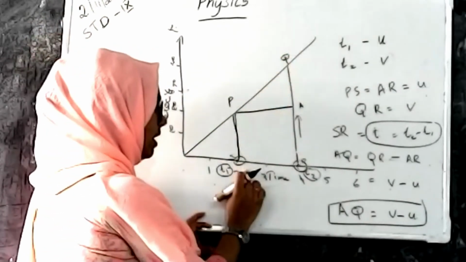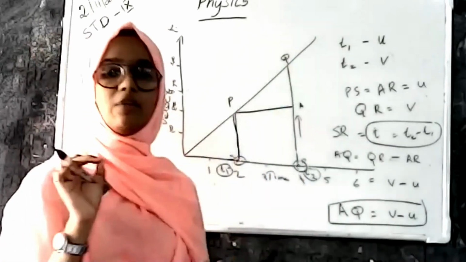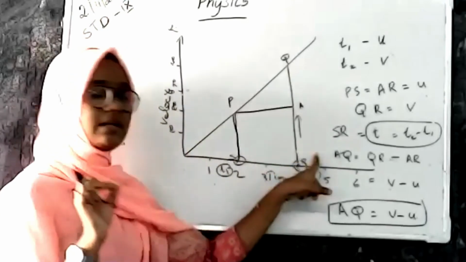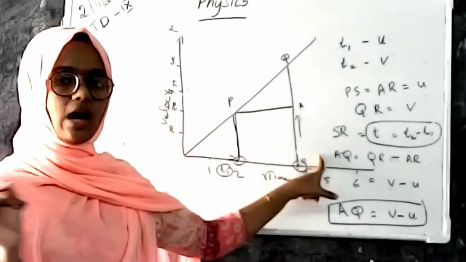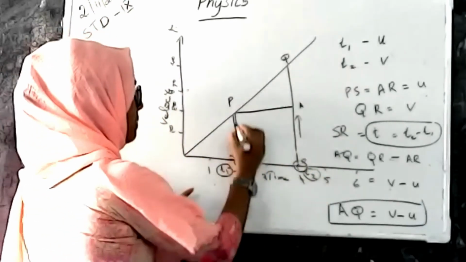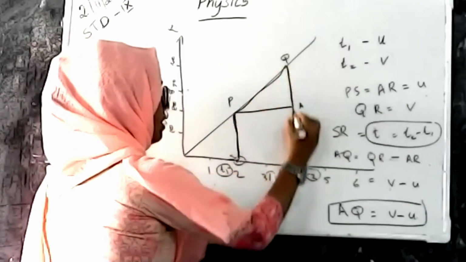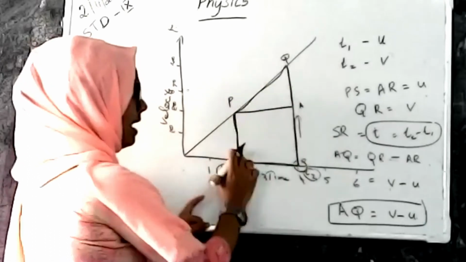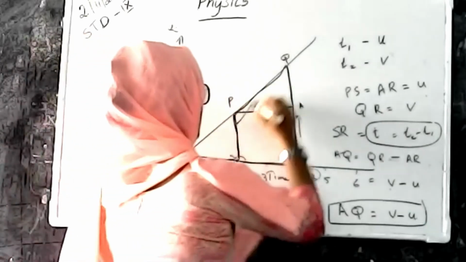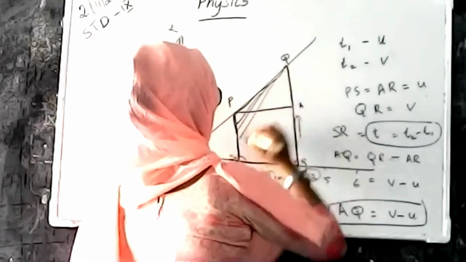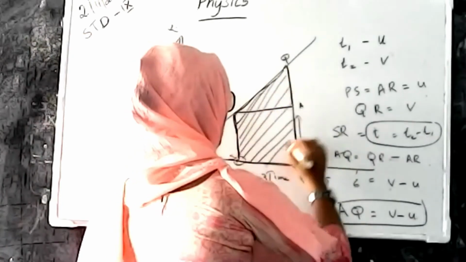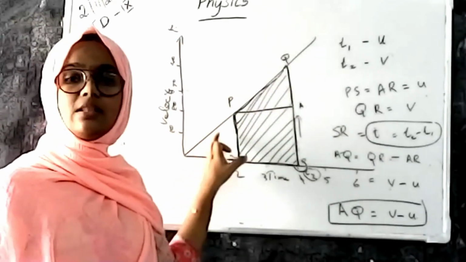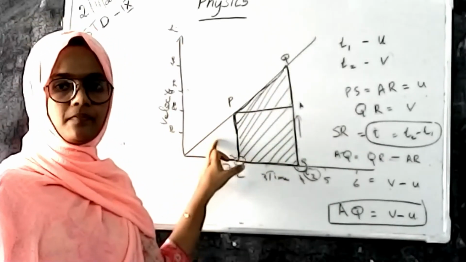At the points T1 and T2 we are giving 2 points, S and R, naming them SR. So now we have a trapezium named S, P, Q, R, S. The trapezium PQRS we got from the graph, and for more understanding we are only considering the trapezium.